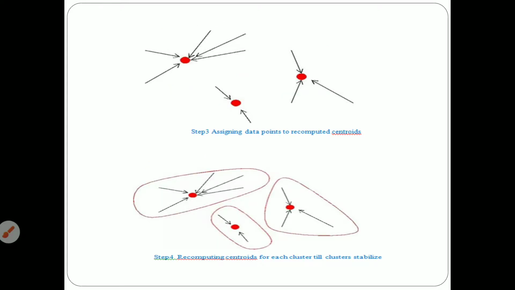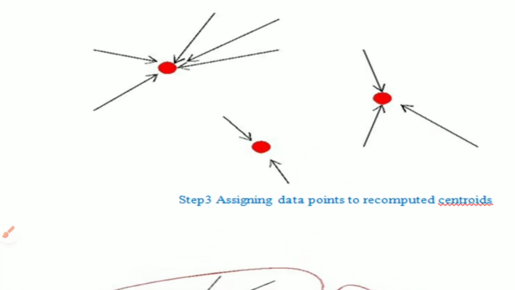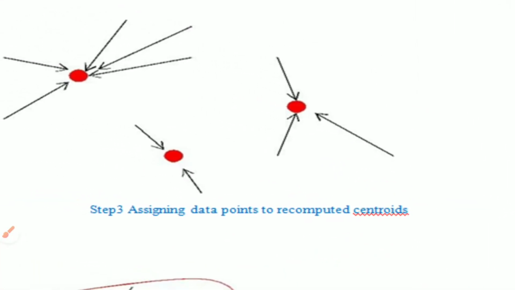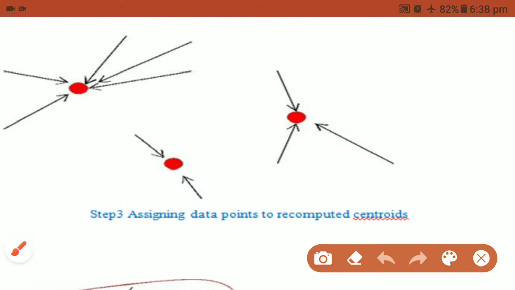Next, once again we assign the data points and recompute the centroid. In the last diagram the centroid was here, and it moves from here to here.